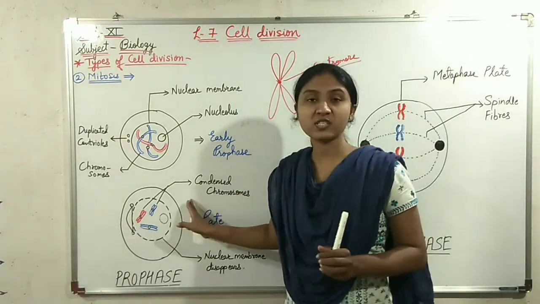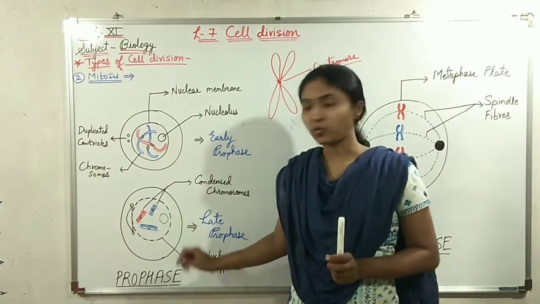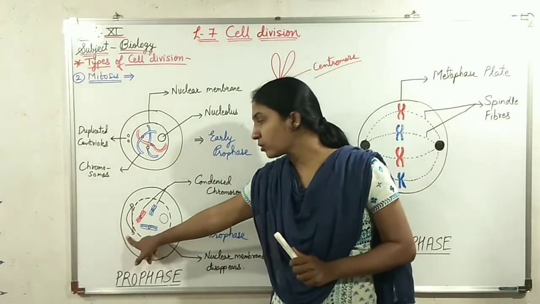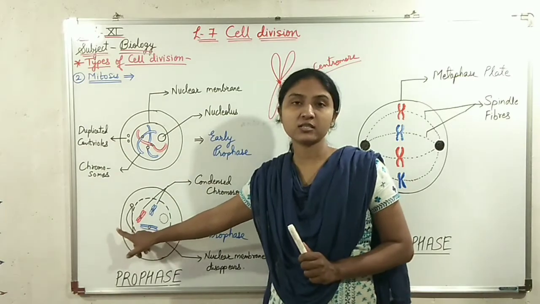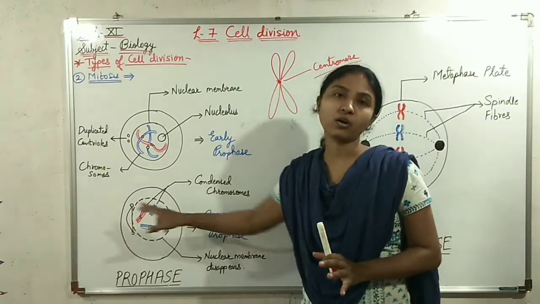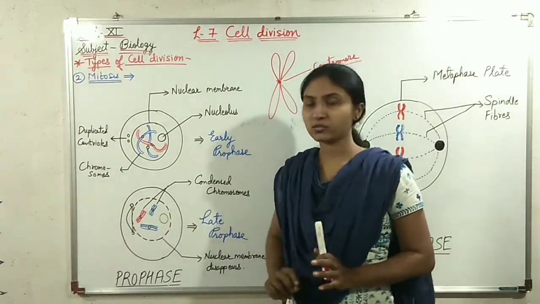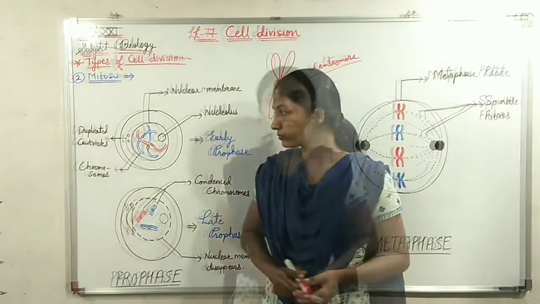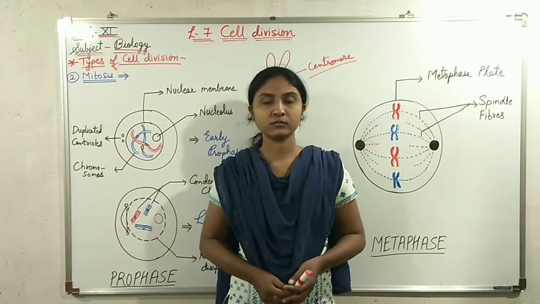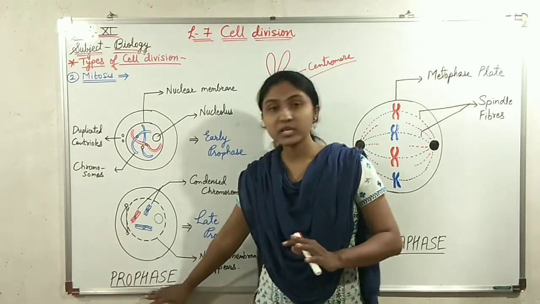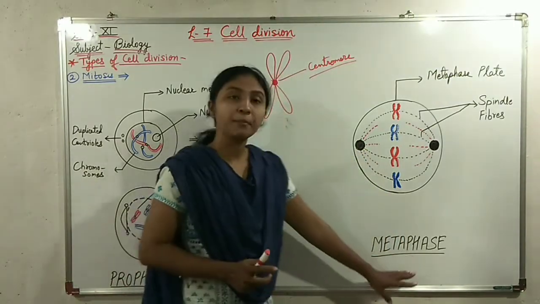Also, the centrioles start moving to the opposite poles. And now the prophase is followed by the metaphase.